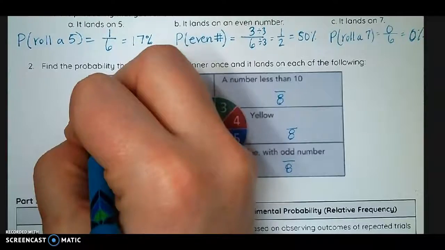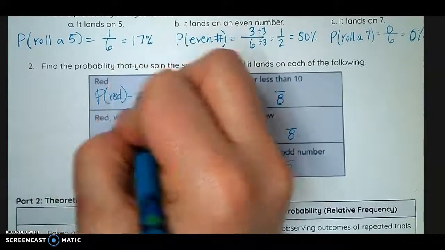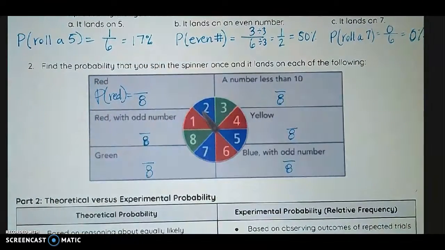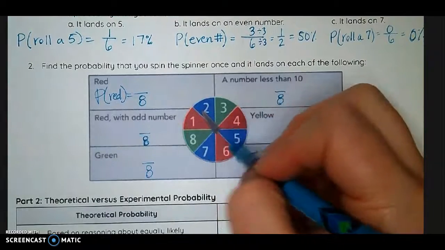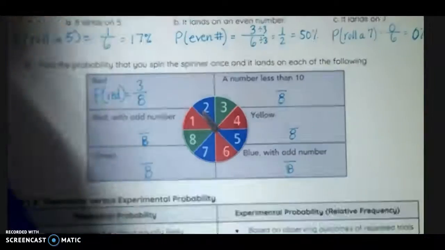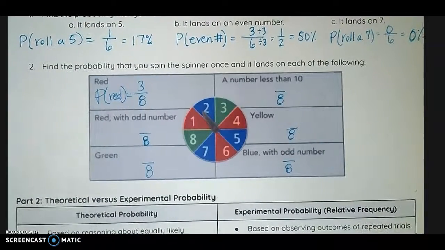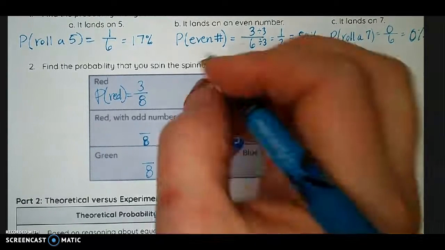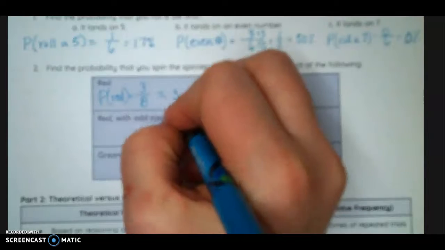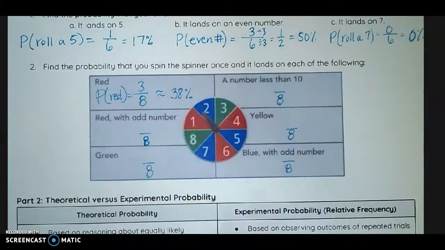So the probability that I spin a red is something out of 8. And I can go through and look, and I see 3 of them. So my probability is 3 out of 8, which is approximately 38%.